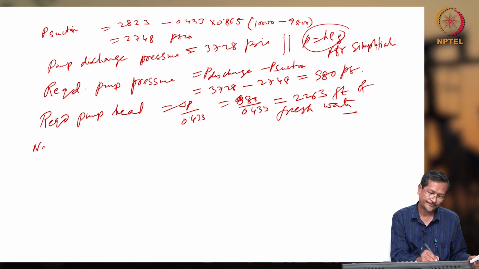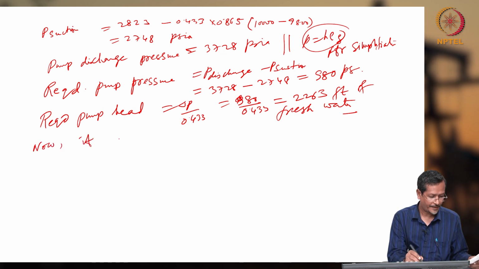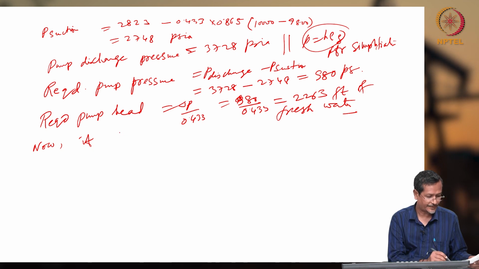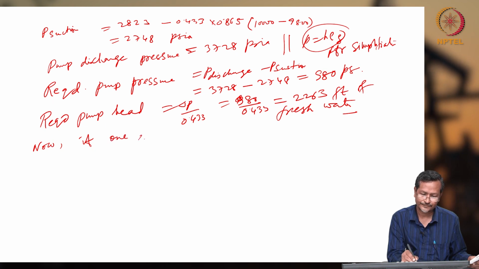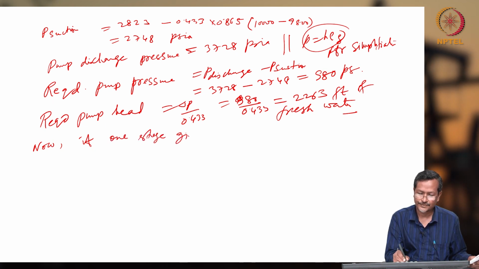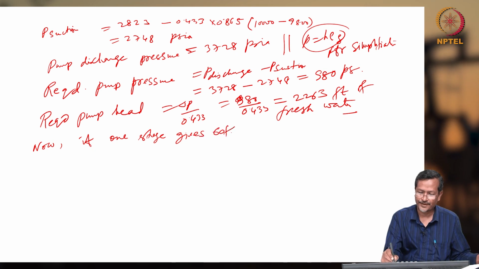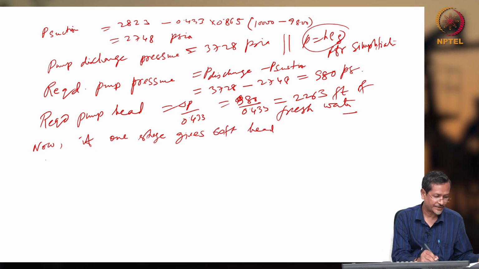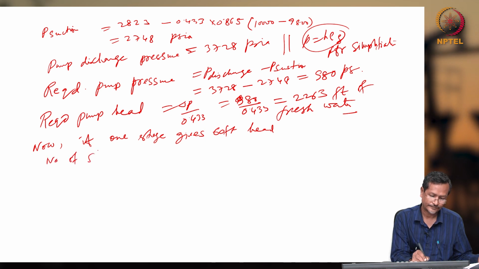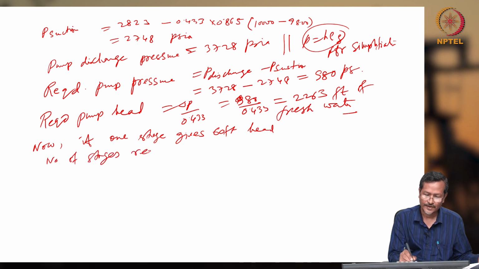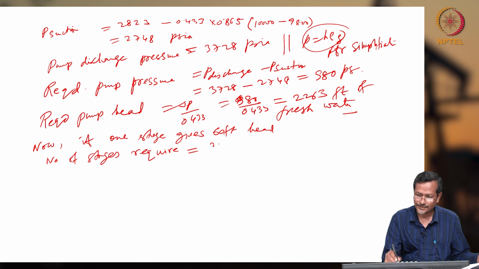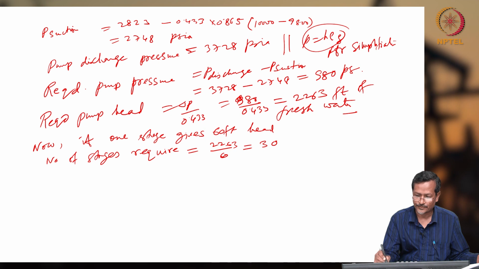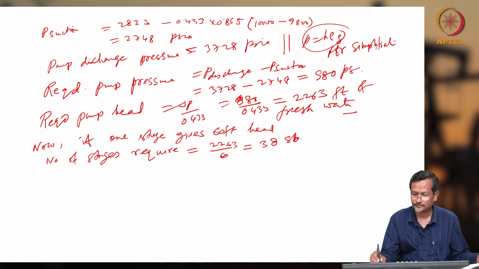Now if one stage gives 60 feet head, so number of stages required equals 2263 divided by 60, so it will be about 38 stages.